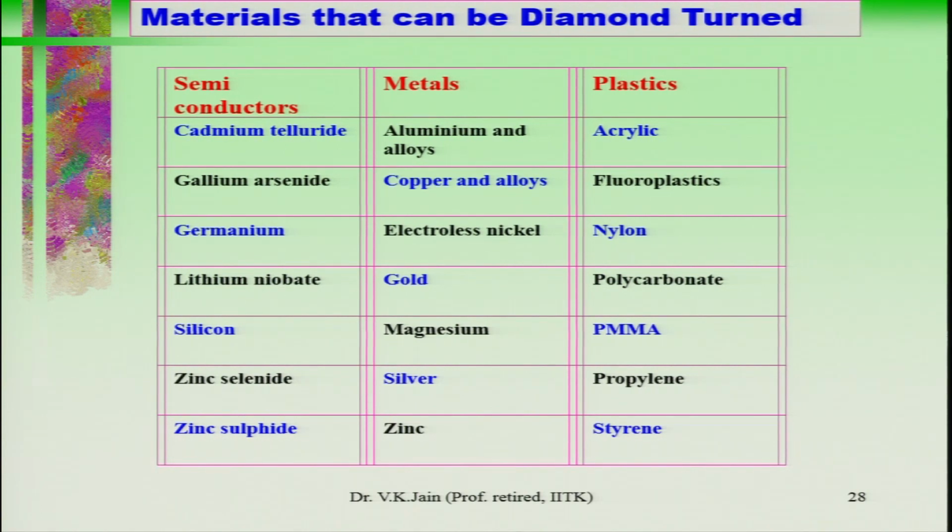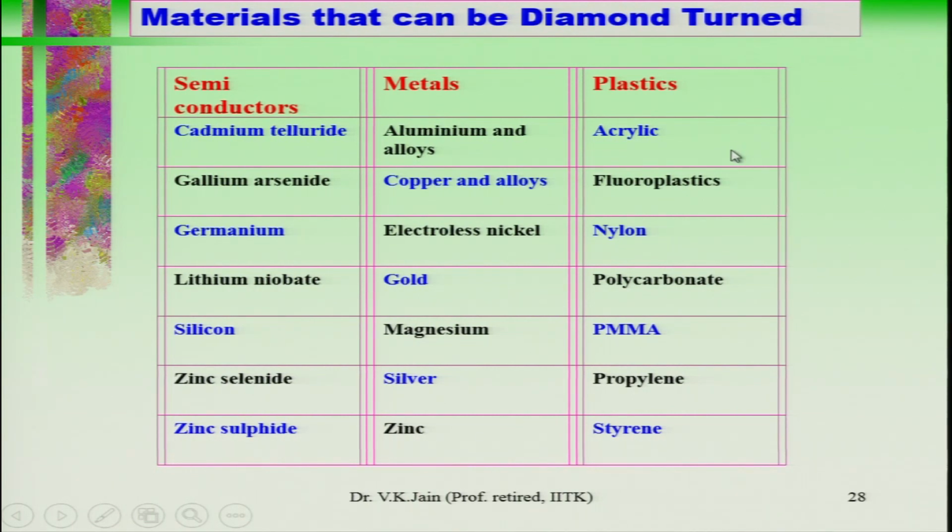Materials that can be diamond turned, this is very important to understand that all materials cannot be machined on a diamond turning machine, especially the ferrous materials have lot of problems while machining them. So, the semiconductors that can be machined are like given here: gallium, cadmium, germanium, lithium, silicon, zinc and zinc sulfide. The metals which can be machined are aluminum and alloys, copper and alloys, electroless nickel, gold, magnesium, silver, zinc.